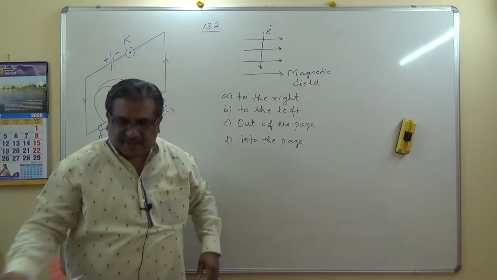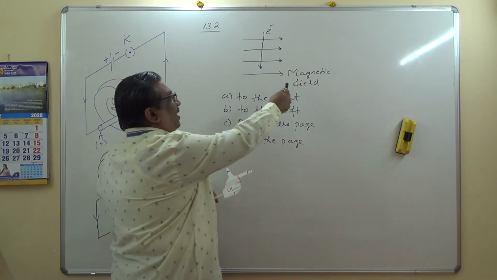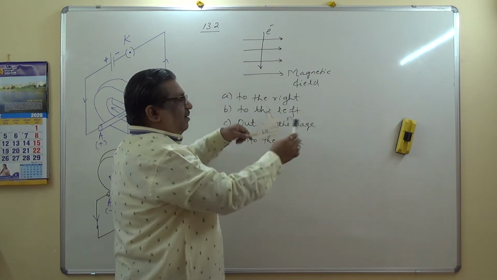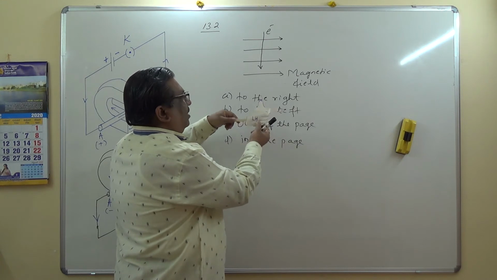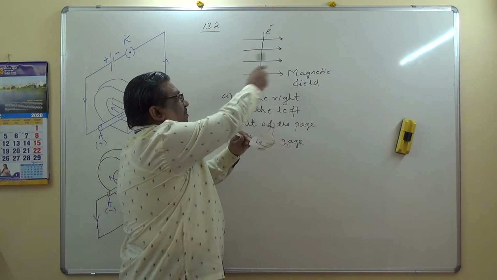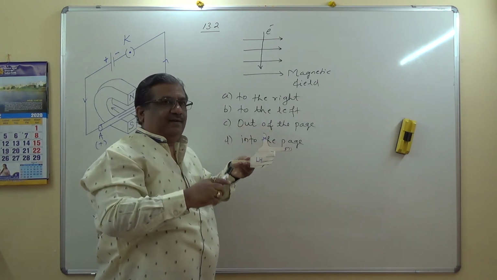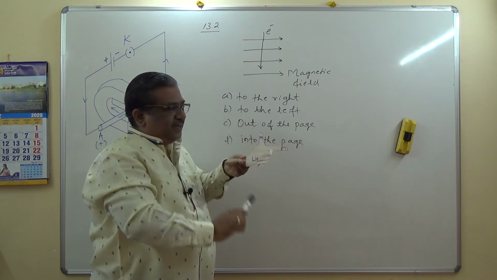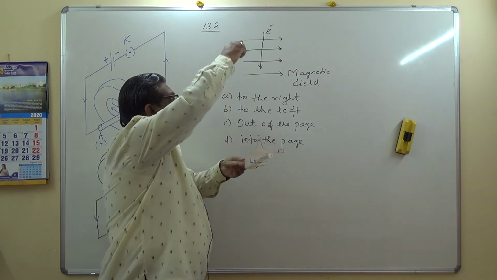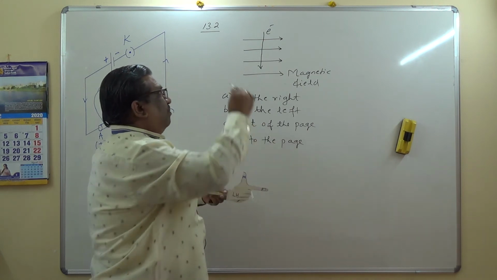In order to apply Fleming's left hand rule, magnetic field is directed from left to right. So forefinger is pointed here. I think you can visualize the forefinger in the direction of the magnetic field. Now I have to align the current finger. This forefinger gives the direction of the field, middle finger gives the direction of the current. Electron is from top to bottom, and therefore the current flows from bottom to top.